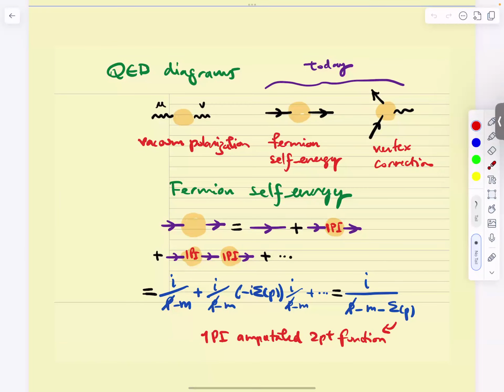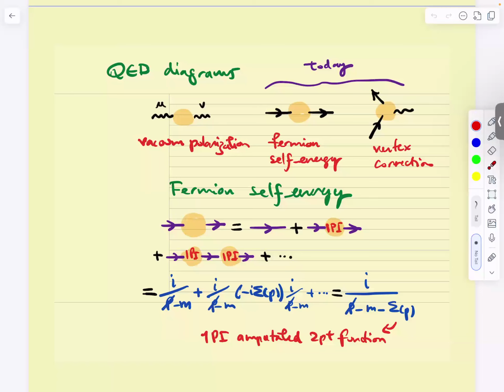But as usual, the resummation of the 1PI diagrams will give you the following structure, right? The propagator will become p slash minus sigma. This is the 1PI amplitude. The point of 1PI is that the 1PI diagrams become a renormalization of mass.